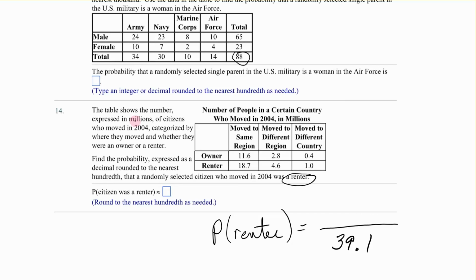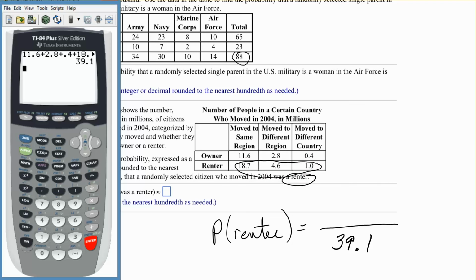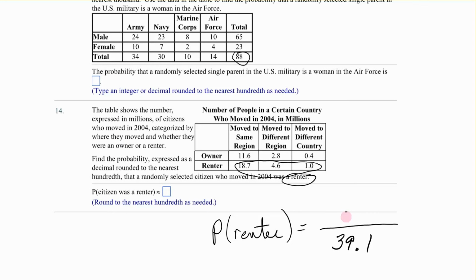All right, now those who moved, how many were renters? Well, it looks like I need to add these up to be just renters. So remember, the denominator is the total. The numerator is the number that satisfies the condition that you've been given. So I will add now 18.7 plus 4.6 plus 1, which is 24.3.